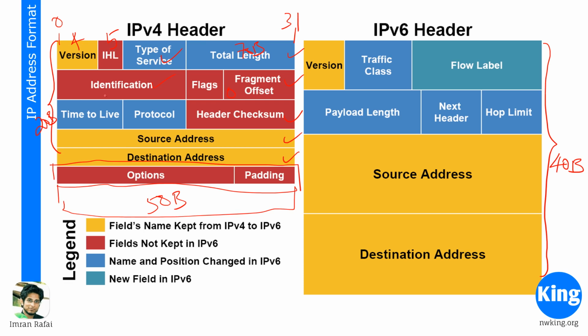Now flags is what will tell if it is a fragment. If you don't want your data to be fragmented, there is a DF flag, which is Do Not Fragment. You can set that, and then that data will not be fragmented. And there is also another flag which says MF, that means More Fragments. So if one IP packet is broken into 5, the first, second, third and fourth will have MF set to 1.